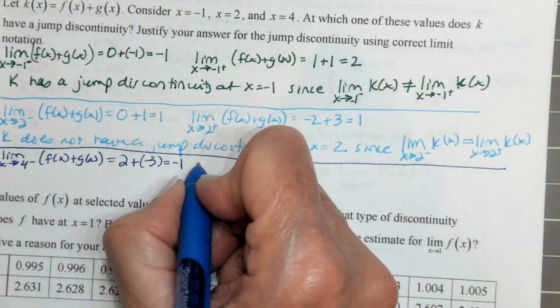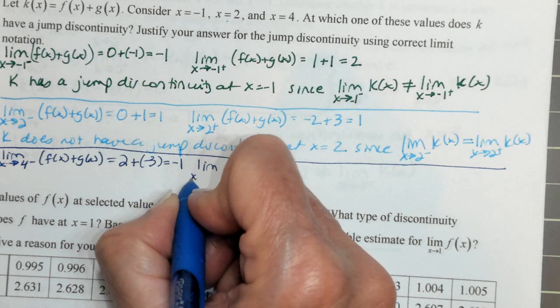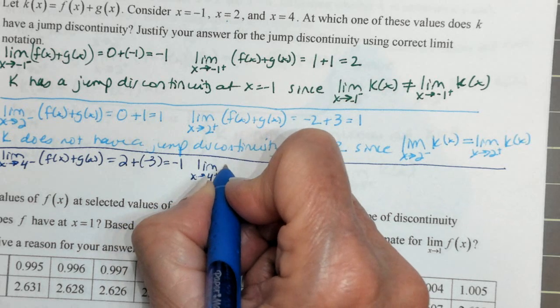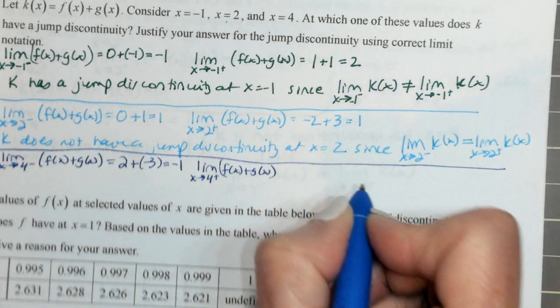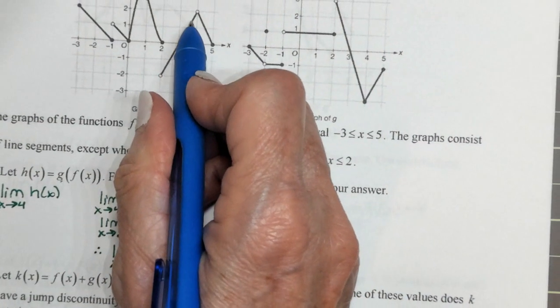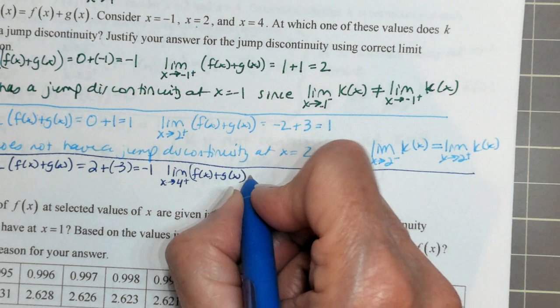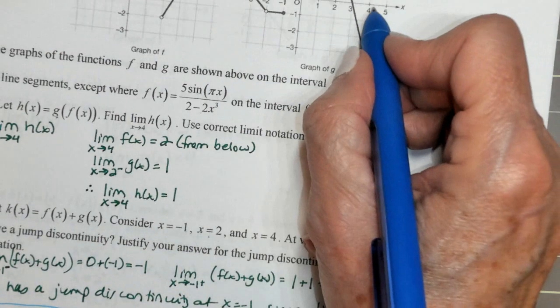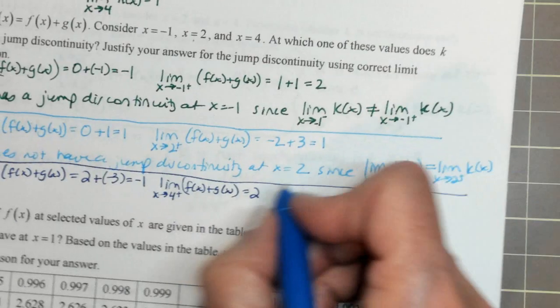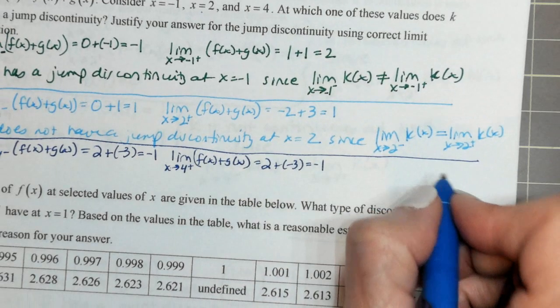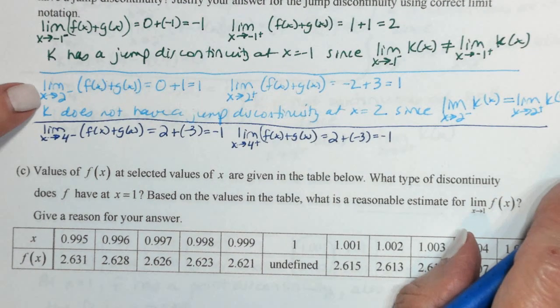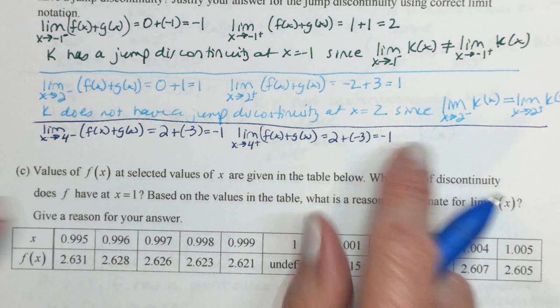So that'll be a -1. 4 from the right. 4 from the right is 2 minus -3, which is still -1. So just like what happened at 2, the two limits are equal.